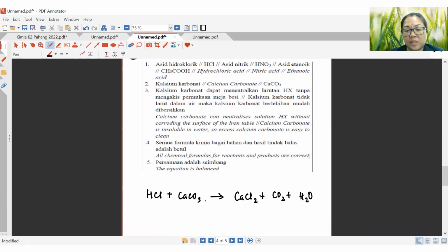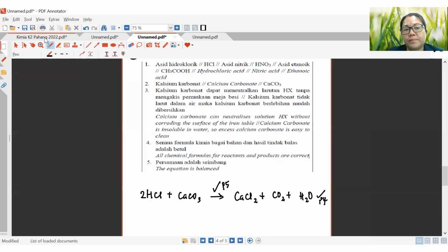You have to make sure that this is balanced, which isn't at the moment. After you add 2 in front here, it has become a balanced chemical equation. That is why this is 0.4 for the correct chemicals and the correct products, and 0.5 for a balanced chemical equation. So that is how we get 5 marks here.